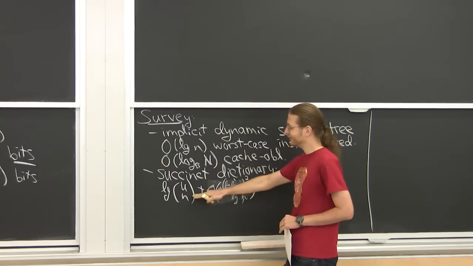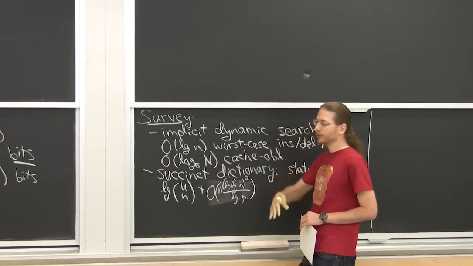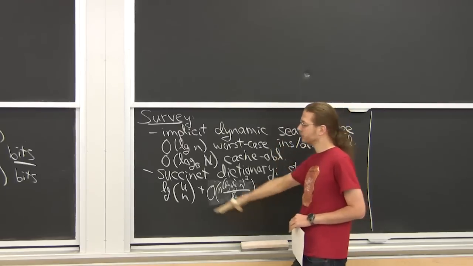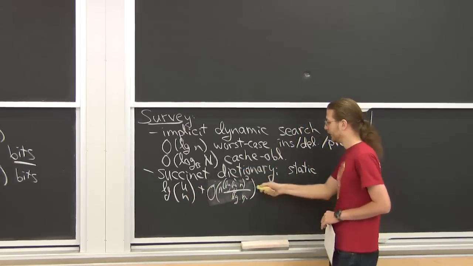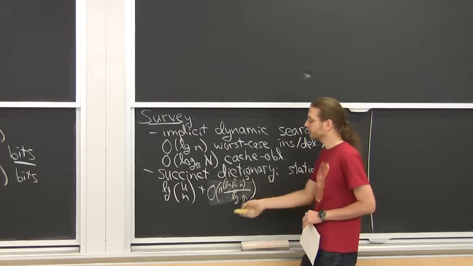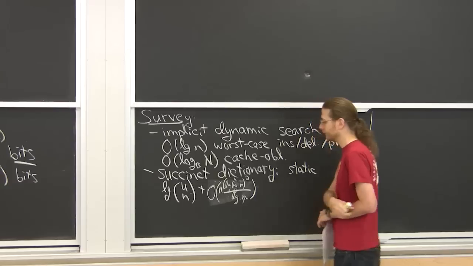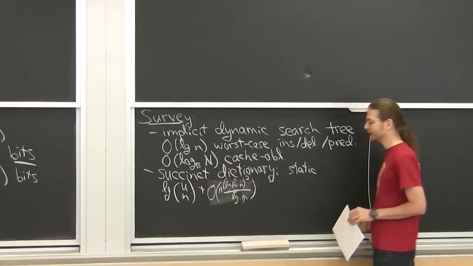You can always encode a dictionary using n log u bits: for every item, you specify the log u bits. But when n is big, close to u, then you can just use a bit vector and use u bits. So this is little o of n. It's always smaller than whatever you're encoding over here. It's only slightly smaller than n, but it's a little o.